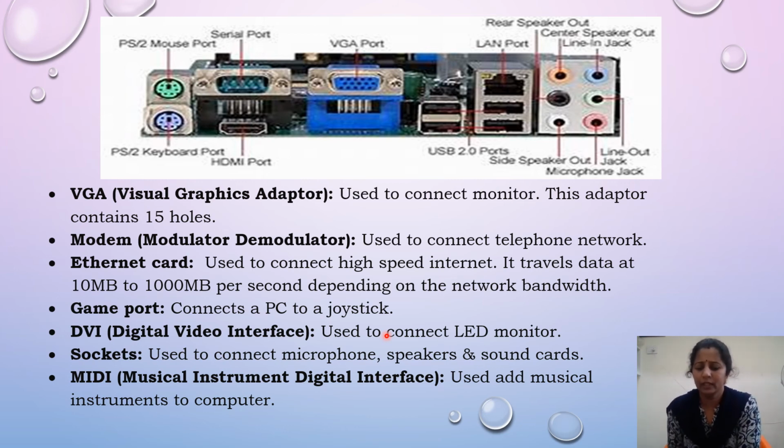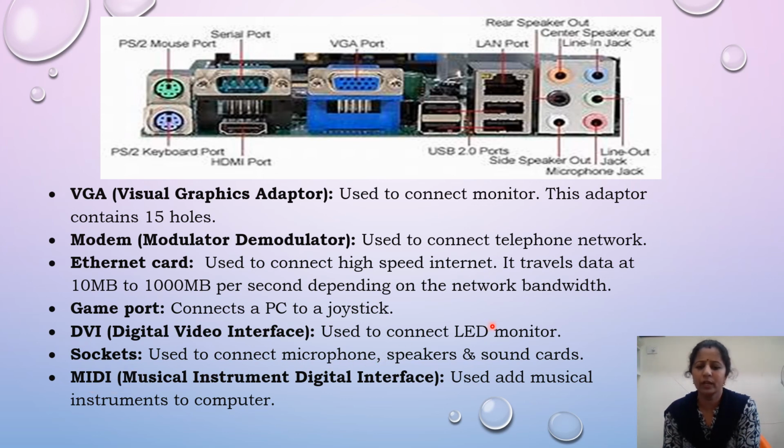Your LED monitor is not possible to connect with your VGA port. It requires a different port that will be connected to your LED monitor. Nowadays we are getting LED TVs also with DVI interfaces.